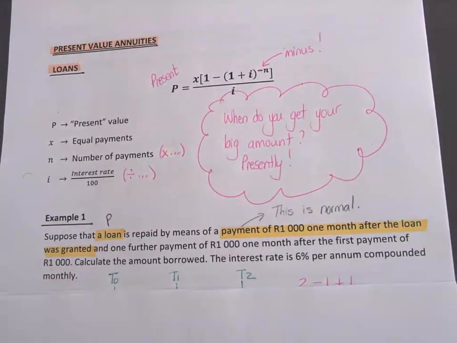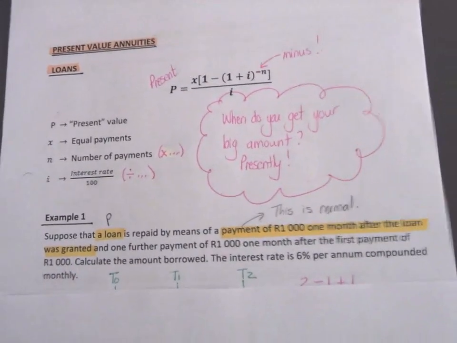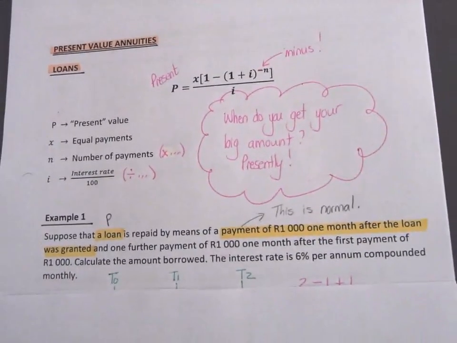You always start paying a loan 1 month after it was granted. So there is a month gap, always. That's normal. And first payment of R1,000, 1 month after. So every month you pay R1,000 to pay off the loan.